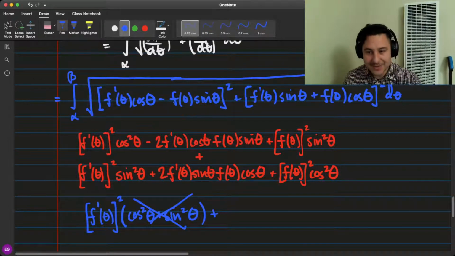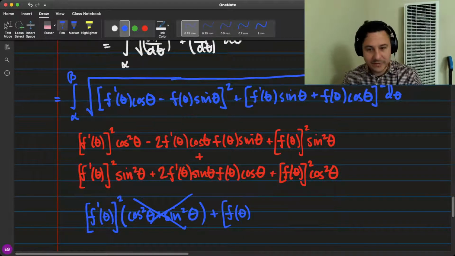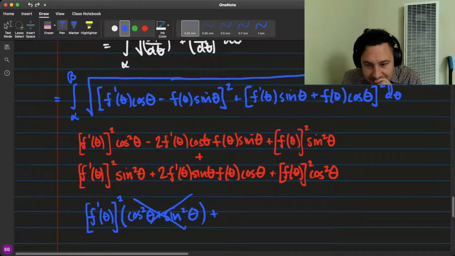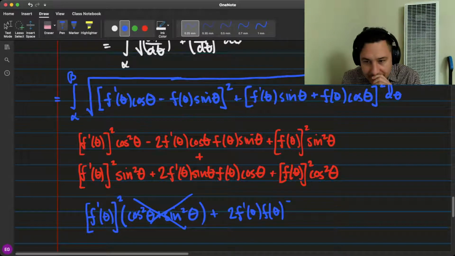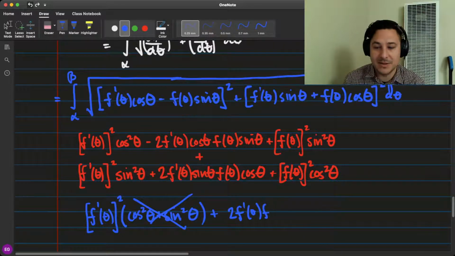And then let's see what else we got here. You could factor out your f theta. Actually, no, let's do the middle one first. We'll factor out our 2 f prime f, and that leaves you with... oh my God, no, it's not that they factor out. What actually happens with those? Let's see if you guys can see it. If you look at those two middle terms, what happens?